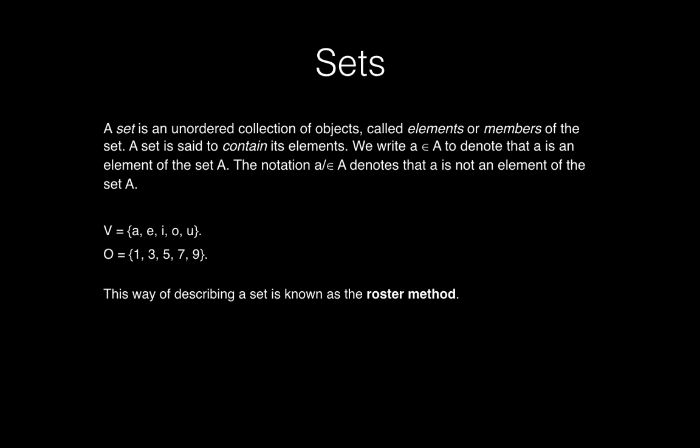So that is an unordered collection of objects. So there is a, e, i, o, u, and that can also be u, o, i, e, a, so the order does not matter in a set. A set is an unordered collection of objects called elements. Each individual number or alphabet in the first set I have denoted here is called an element of a set, or member of a set.